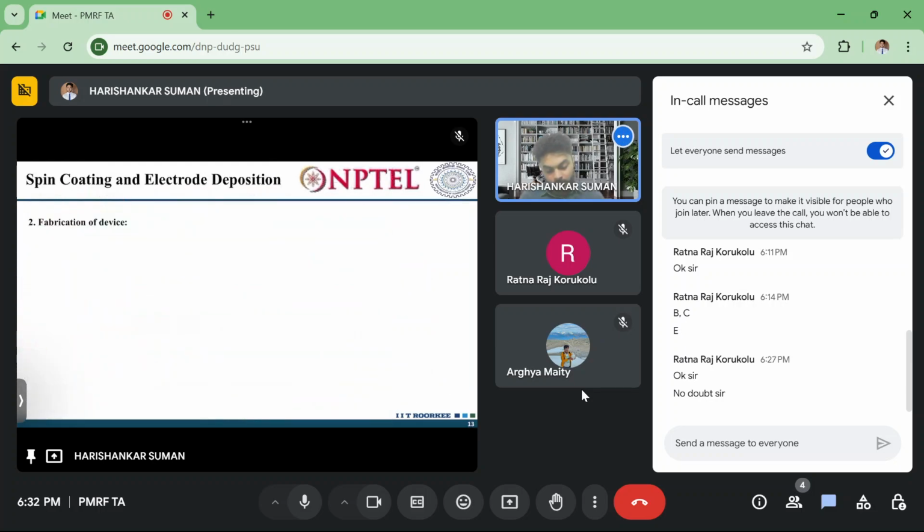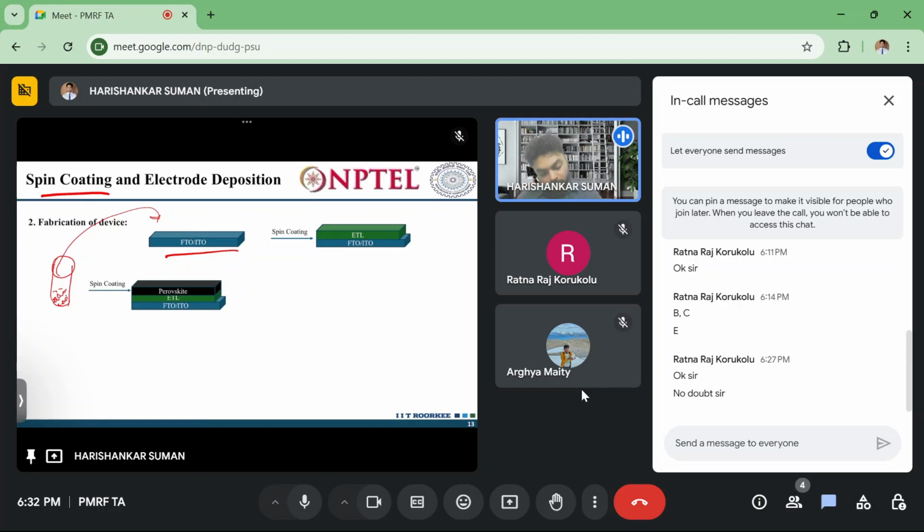Okay, so for fabrication, you can also see how perovskite is made. First, we take an FTO-coated glass sheet, then we easily spin coat if we have the solution.